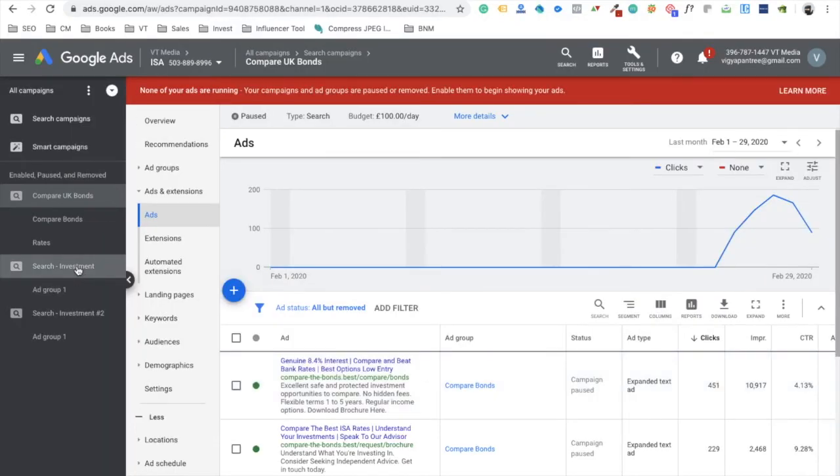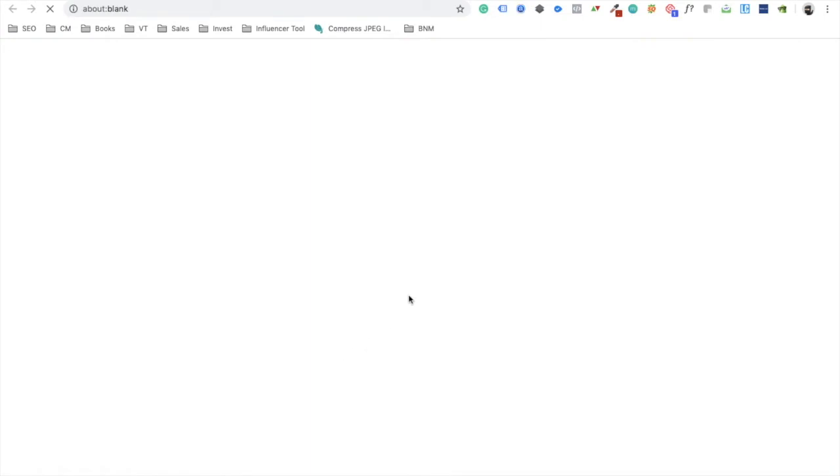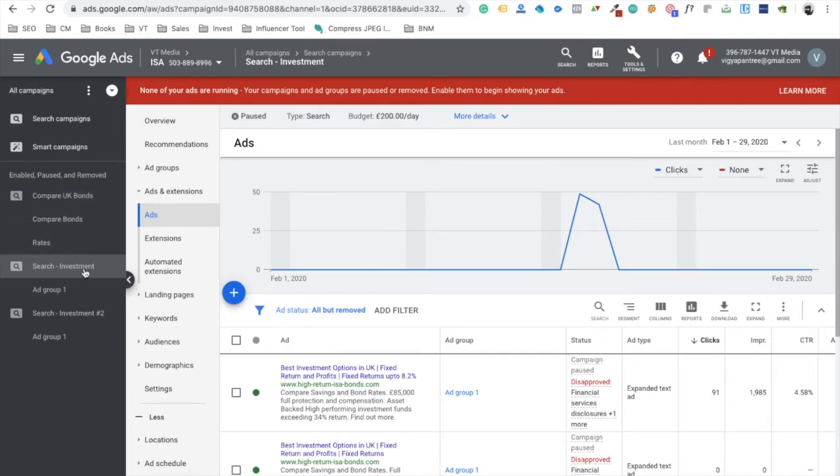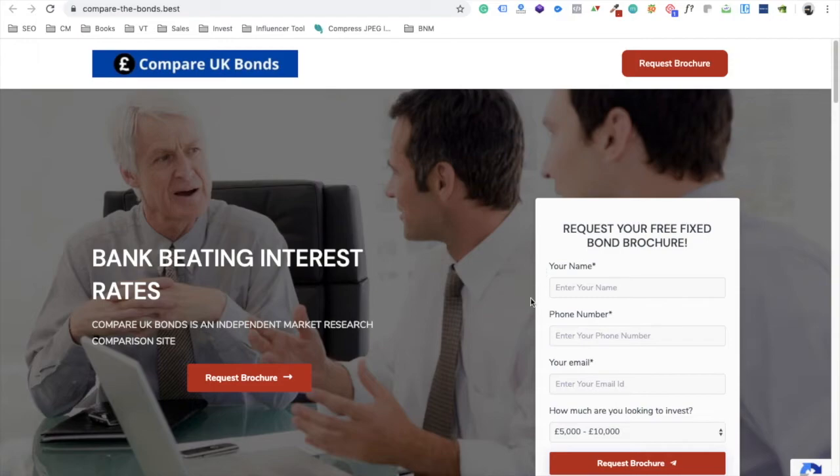If I go to my second campaign, that is search investment, and see the landing page that I was using here, okay, the landing page has been removed, so I cannot see it. The client must have removed it. So that is okay. Basically, even the second landing page was much worse than this. It was only text, text, text, few pictures, and it was even more horrible than this one.